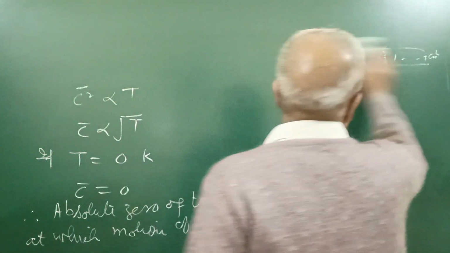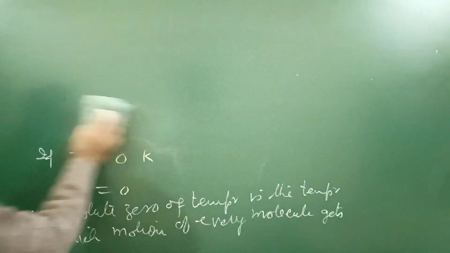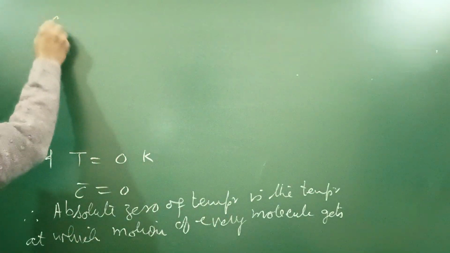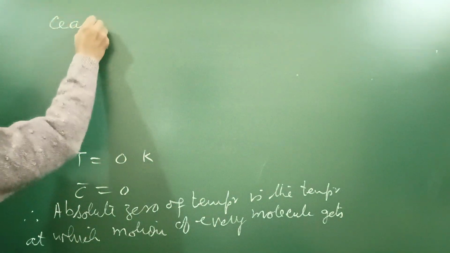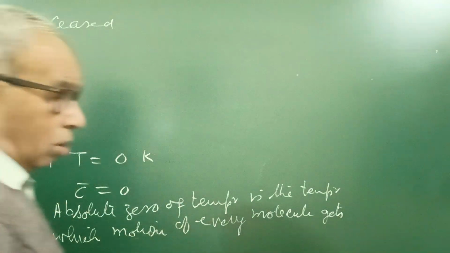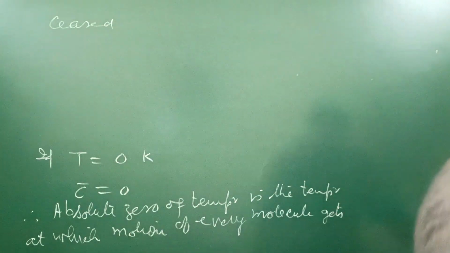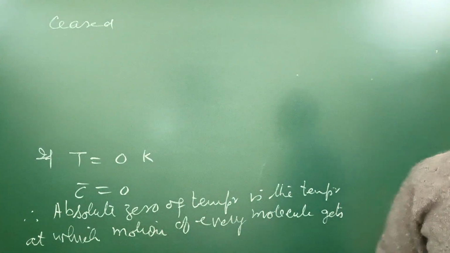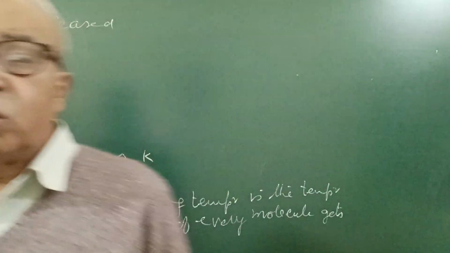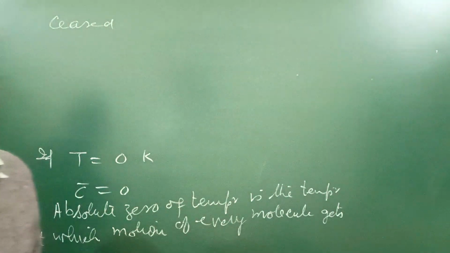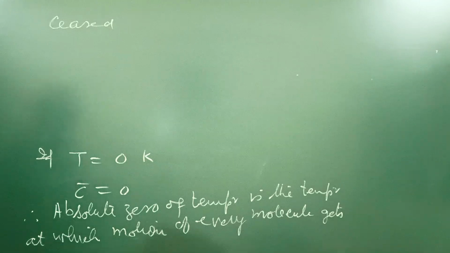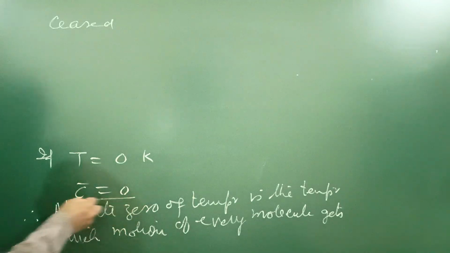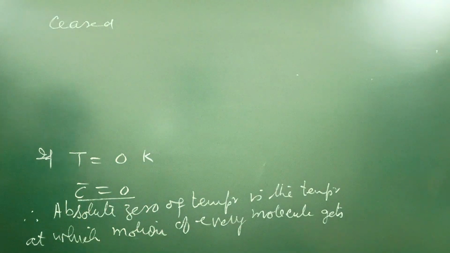Motion of every molecule gets seized. Seized means stop. If a molecule of gas in the container has no velocity, then the gas is at 0 Kelvin.